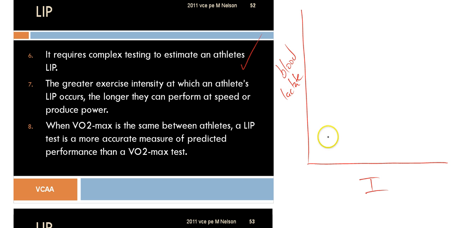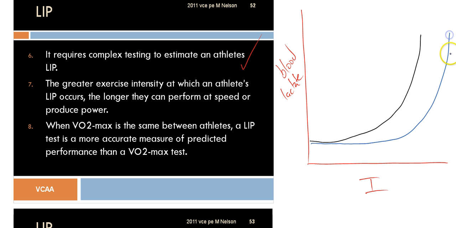If we have athlete 1, and here is athlete 2, athlete 2 can work at a much higher intensity before fatigue will occur. So for athlete 1, fatigue would occur at this point.